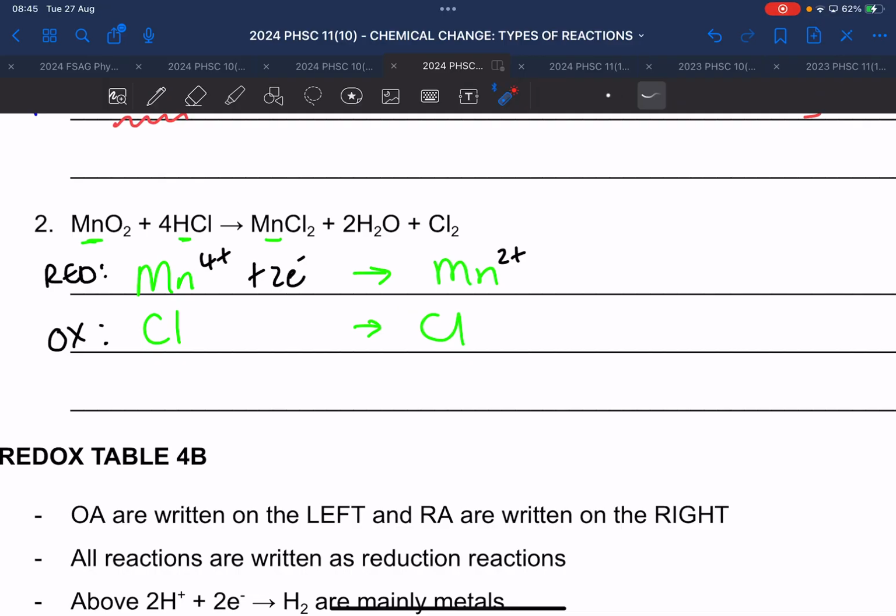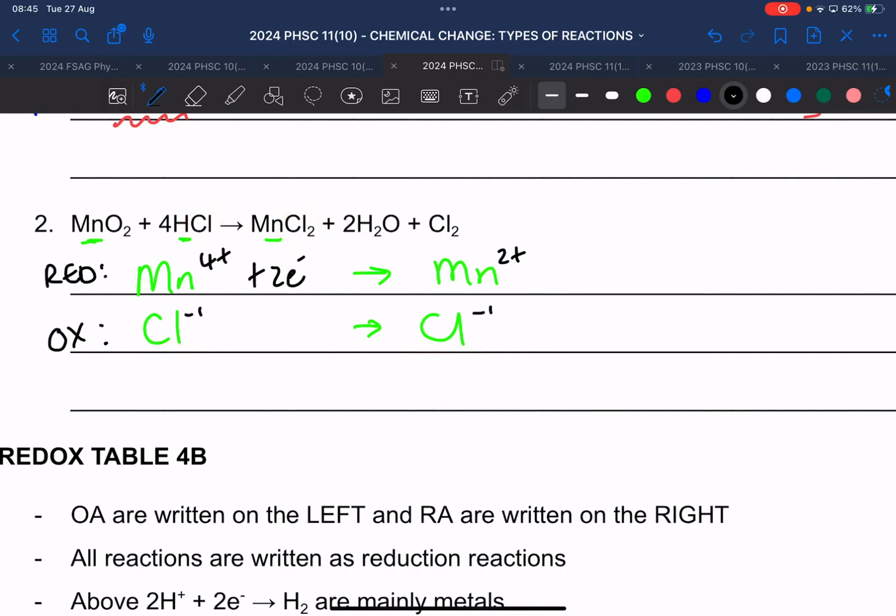But if you look here, on this side, chlorine has to be -1 because there's hydrogen that is +1, so it's -1. But then we have a problem, because there's 2 chlorines on the right-hand side. Here we actually use chlorine to get manganese's valency. So here chlorine is -1. If we consider chlorine from here to here, then nothing happened to chlorine, so it's the spectator ion.